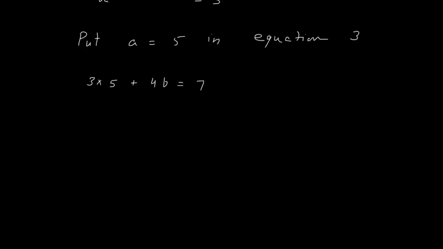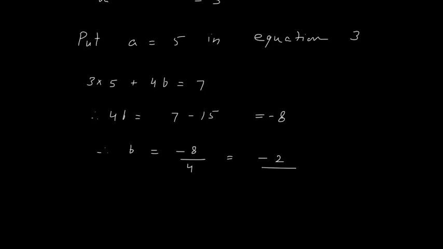So therefore I have 4b is equals to 7 minus 5 3 is 15. So this I will get minus 8. Therefore the value of b is minus 8 divided by 4 is equals to minus 2.